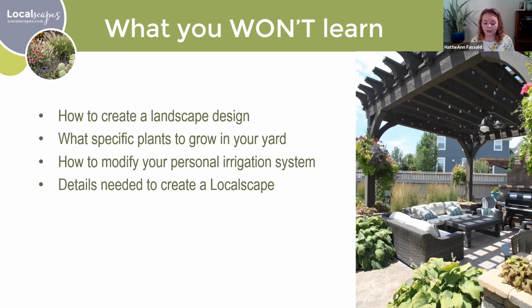For specific plants, we're going to be teaching a perennials class, an herbs class, and others, which talk more about specific plants you can put in your yard. There's also a Localscapes irrigation class, and a Localscapes university class that goes more in depth with other things. So that's what we're not going to be learning in this specific class, but you can learn those in classes in the future.